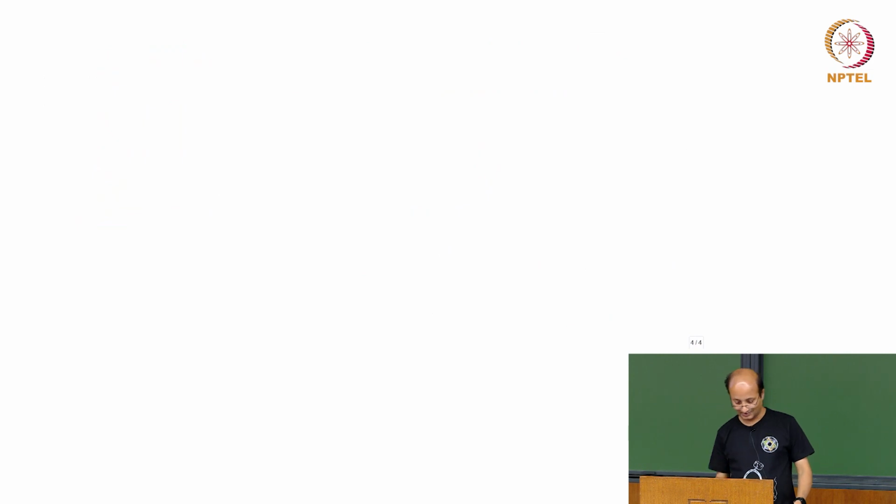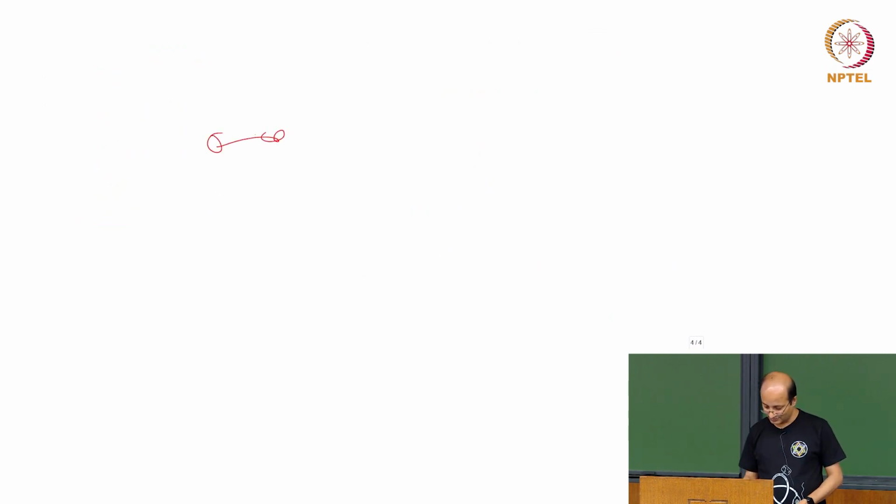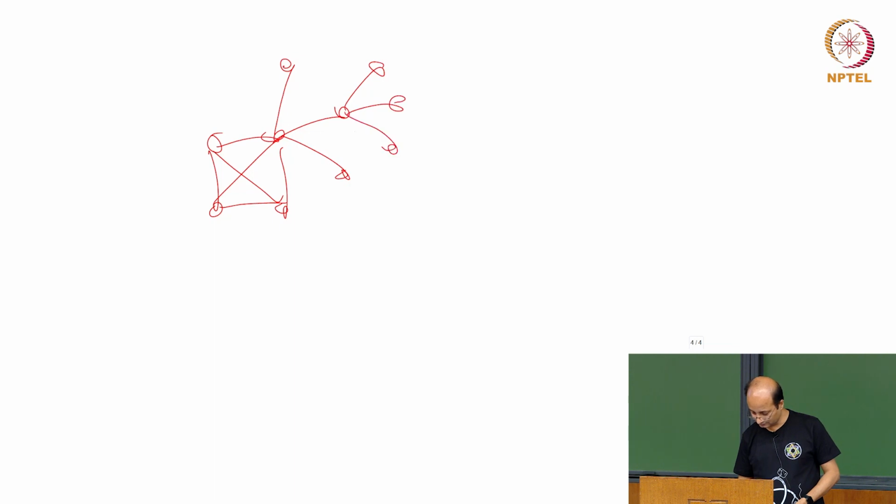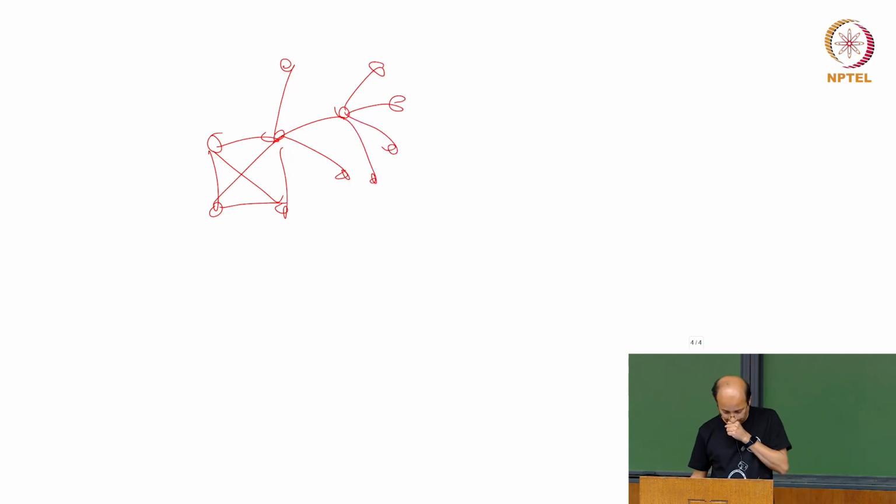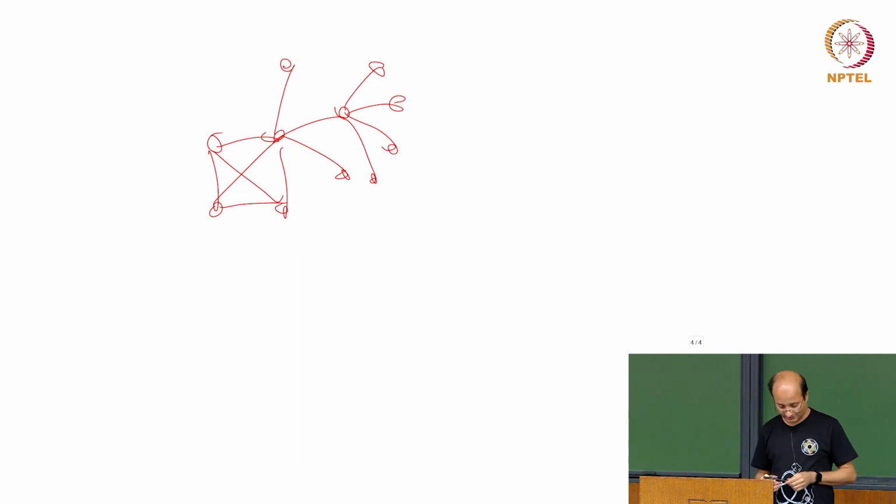So they say that, look, suppose I'm trying to find a core of degree 3. They say, okay, I just look at all the nodes which have degree 3 or higher.